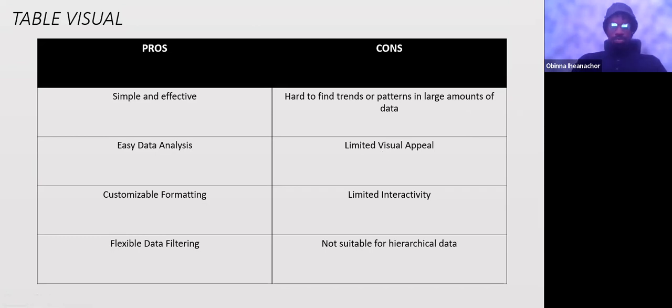So compared to other kinds of charts, right? It doesn't have much aesthetics. Then it also has limited interactivity. And lastly, it's not suitable for hierarchical data. So data where you have order and hierarchy. Table visuals might not be the best for those kinds of visuals.